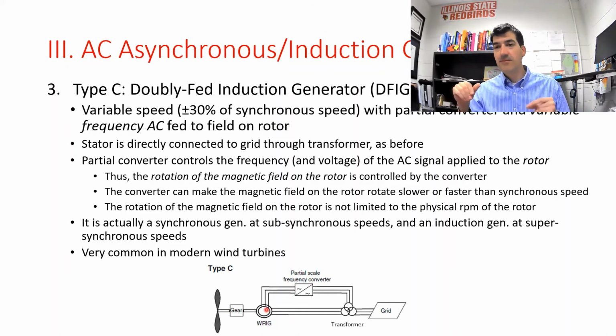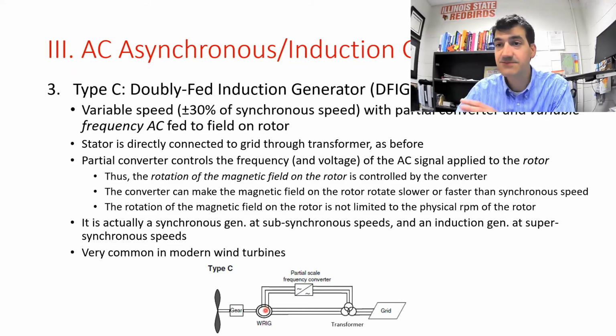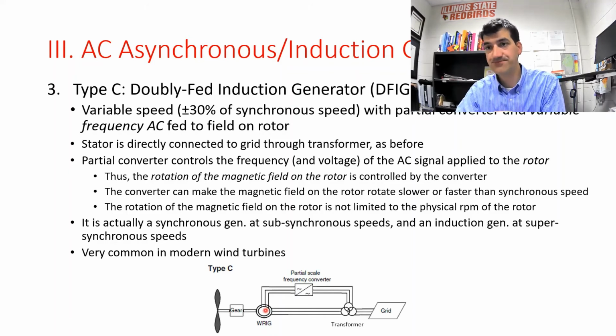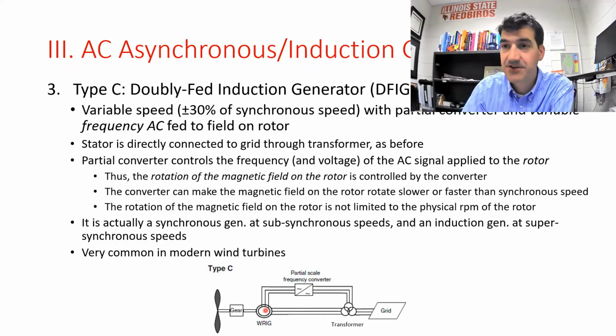It's like the magnetic field from the rotor is equal to the mechanical speed of the rotor plus whatever rotation is being made up by the AC signal that's applied to those windings on the rotor. So the magnetic field on the rotor could be rotating faster than the rotor is mechanically rotating, all right? So that could make up for it.